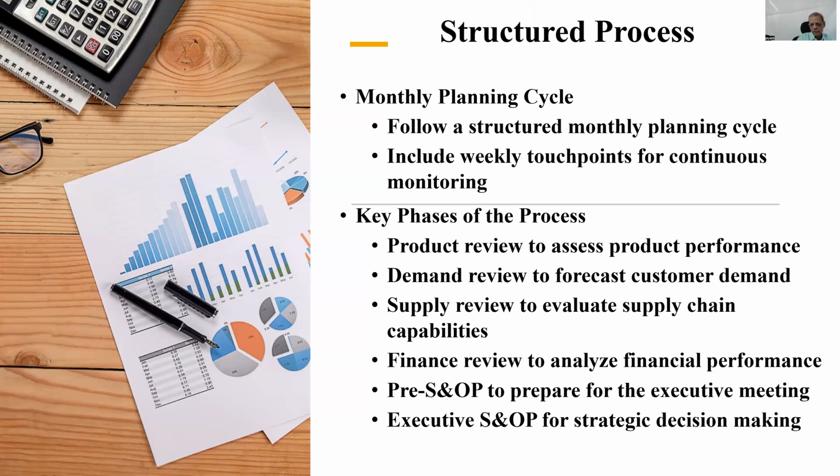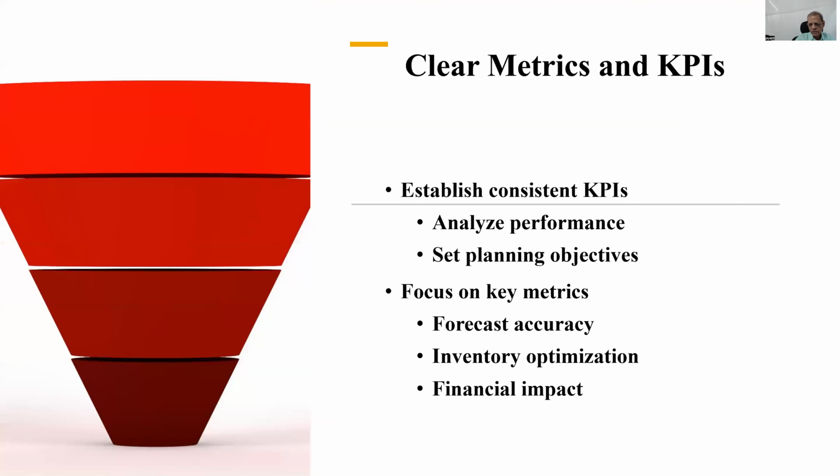Your finance review will be there to look at the finance performance, cash flow planning, budgets, and everything onto that. And then you have a pre-sales and operation plan, to prepare the executive meetings and take the necessary corrective actions. And then on-time data compiling and sharing with the stakeholders can help you to take the necessary strategic decisions also.